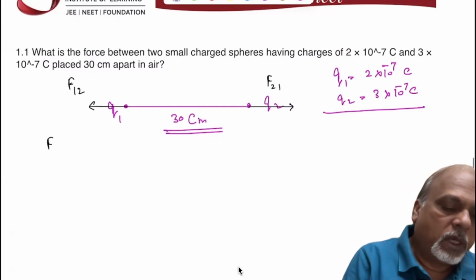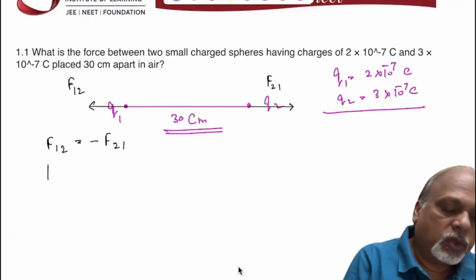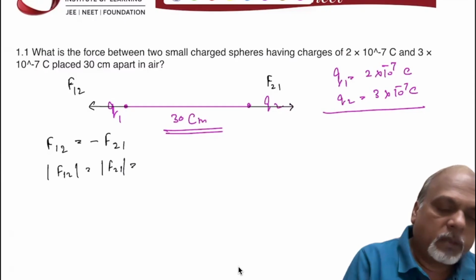You already know that F12 is nothing but minus F21, or the magnitude of these two forces will be equal. Suppose this is F.